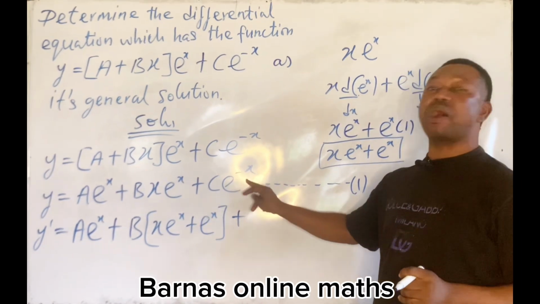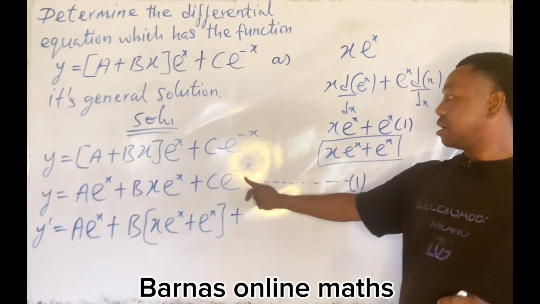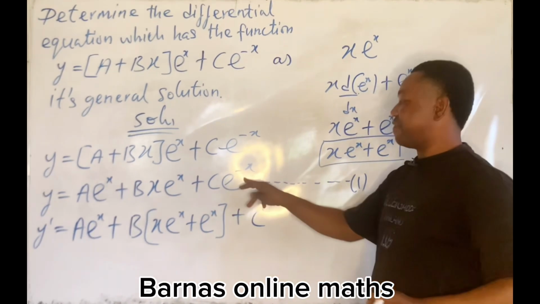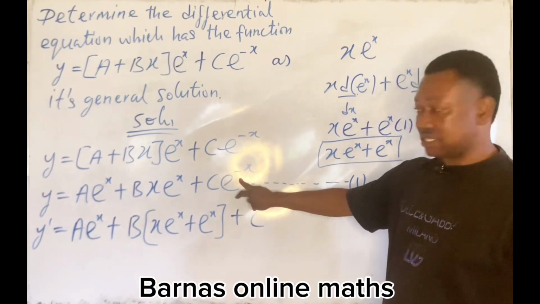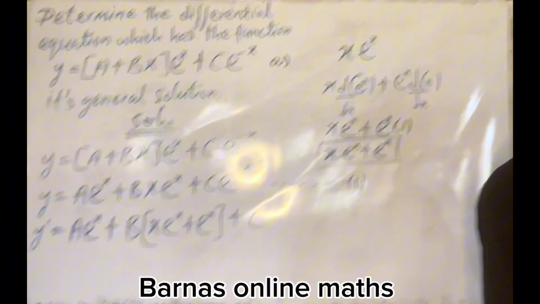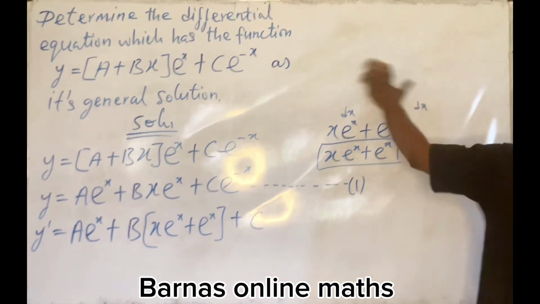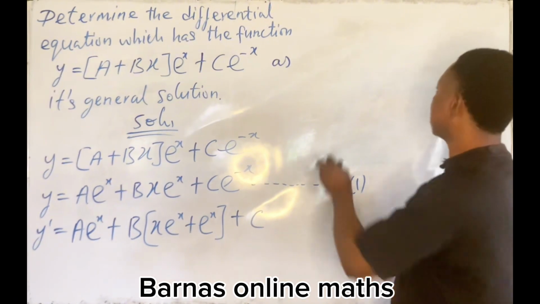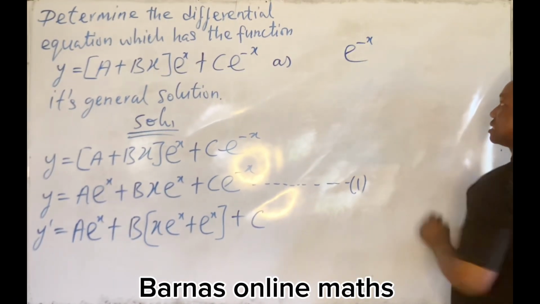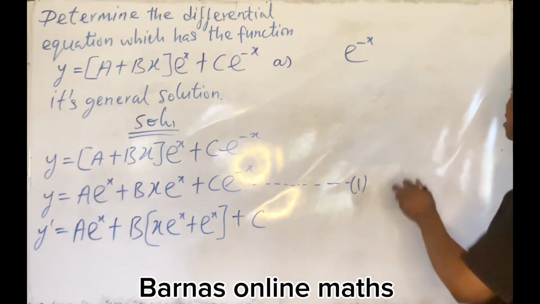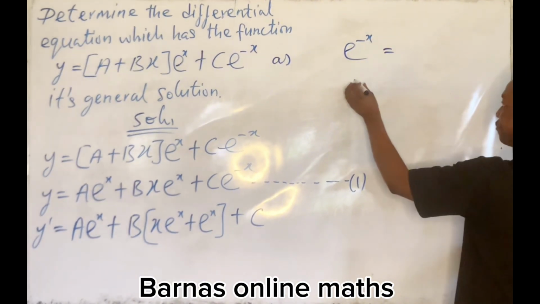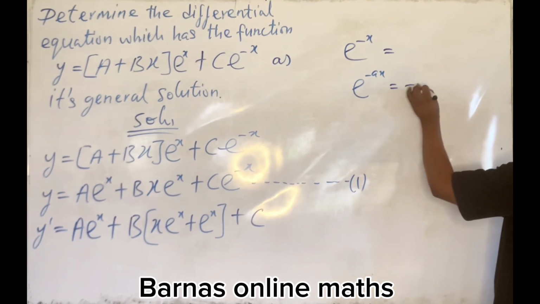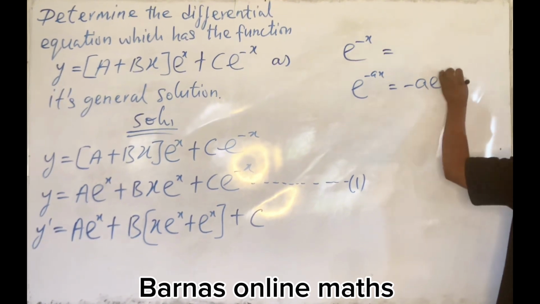Then the last term is plus c e to the power minus x. Differentiate it. Of course, c is a constant, so the derivative has to be on e to the power minus x. If you are asked to differentiate e to the power minus ax, its derivative becomes minus a e to the power minus ax.